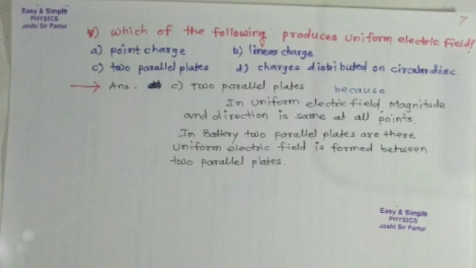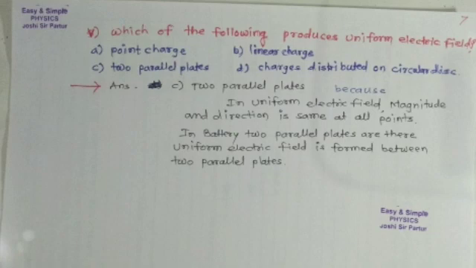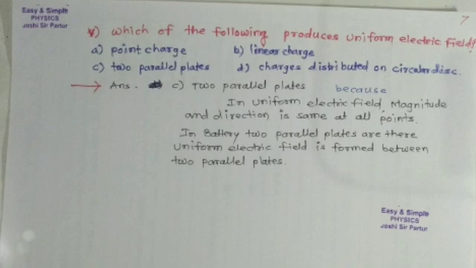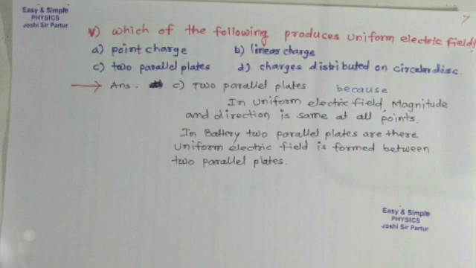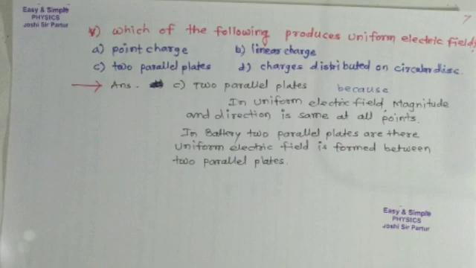The answer is option C, two parallel plates, because in a uniform electric field the magnitude and direction are the same at all points. In a battery, two parallel plates are there. A uniform electric field is formed between the two parallel plates.